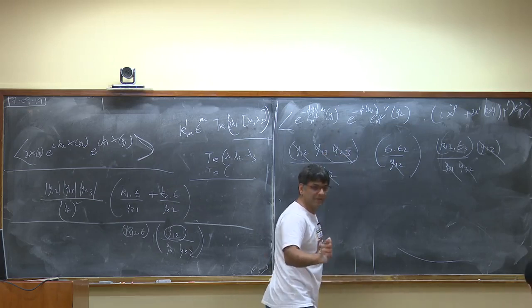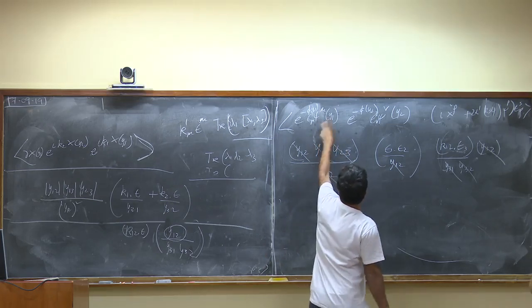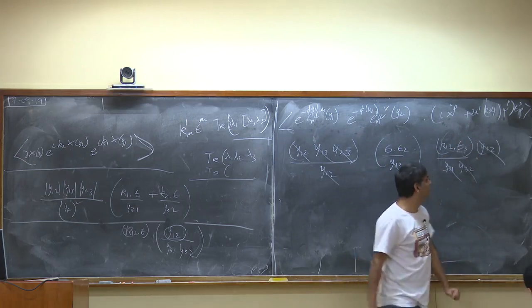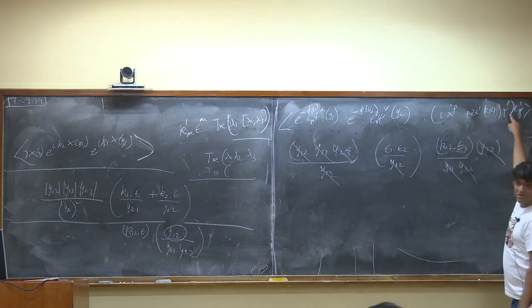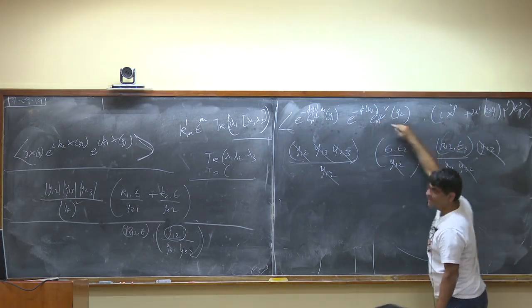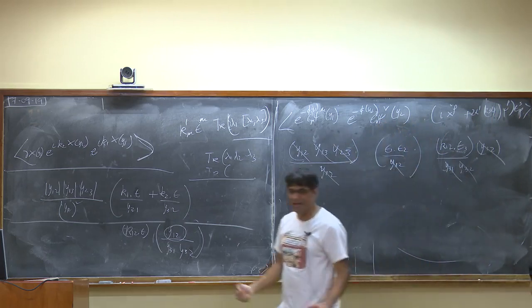I'm going to have to go in a minute. Okay, so now the second kind of term involves a contraction of 4 psis. These two psis are not allowed to contract with each other because they're normal ordered. So one of these has to contract with one of these, and the other one has to contract with one of these. So we just use Wick's theorem.